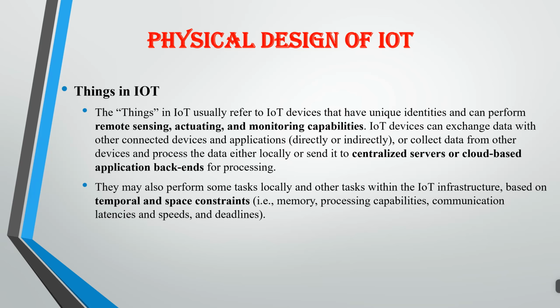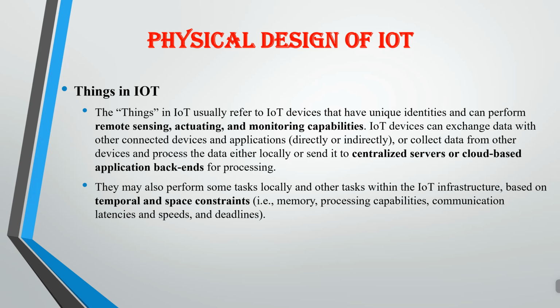So they are sensors, they are actuators, they are monitors. IoT devices can exchange data with other connected devices and applications. As I already said, interoperable devices can exchange the data with other connected devices and with other applications.